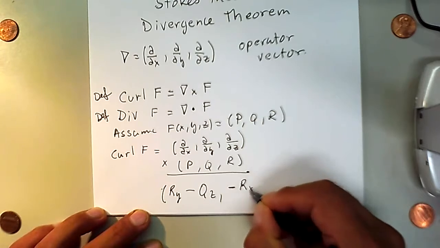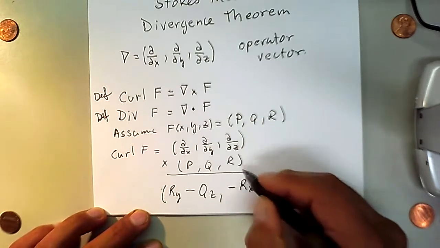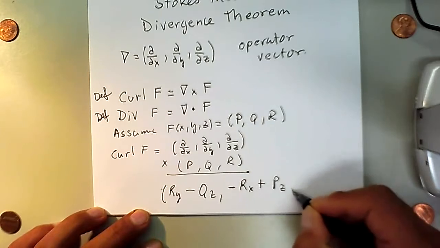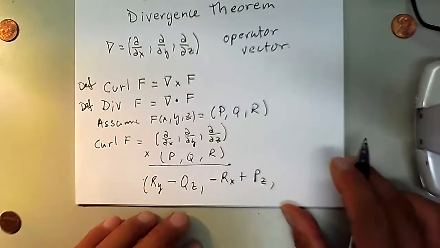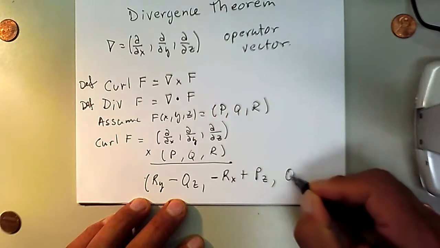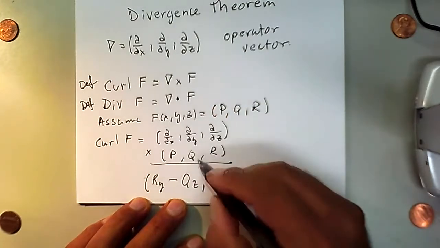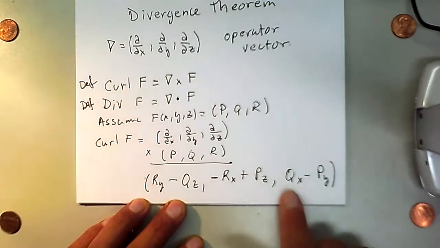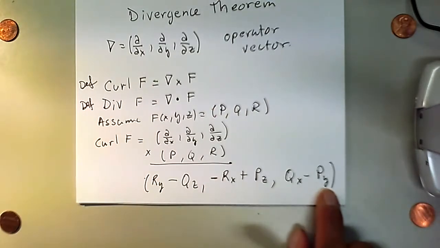So negative r sub x plus p sub z, comma, and finally we're going to have q sub x minus p sub y.